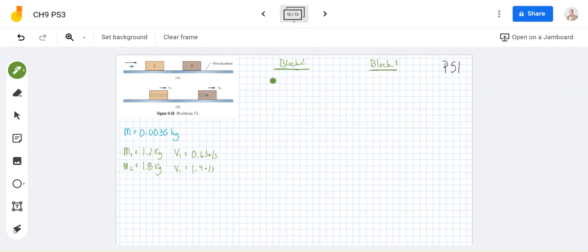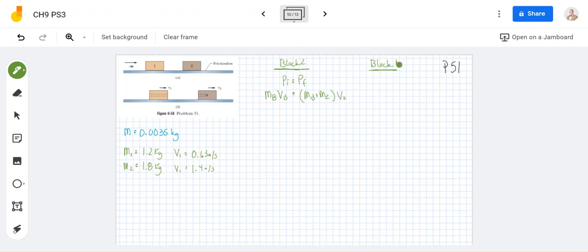So we know that the before situation is, well, let's start with a general statement. The thing is, we know the momentum is conserved. So we start with P final equals P initial. We know the bullet is moving on its own. So the mass of the bullet times the velocity of the bullet before it hits block 2 is equal to the after situation, the mass of the bullet plus the mass of block 2 times the velocity of 2.